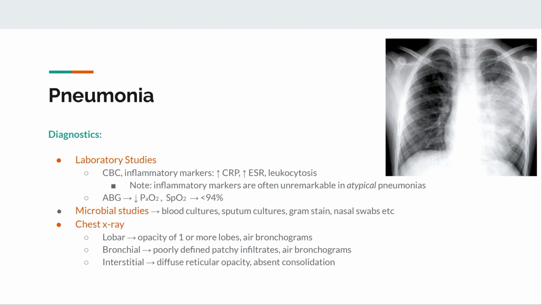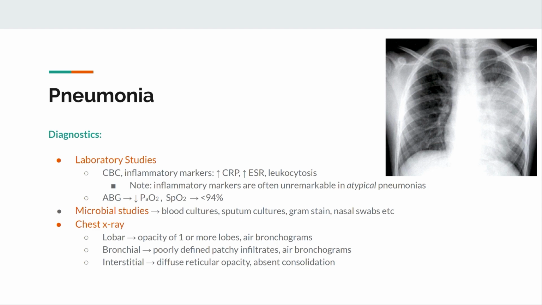And then for your arterial blood gas, you'll see a decrease or a low PaO2, and then your oxygen saturation could be below 94%. You can also do your microbial studies, so your blood cultures, sputum cultures, gram stains, nasal swabs, just depending on the type of bacteria. And then you would do a chest x-ray.